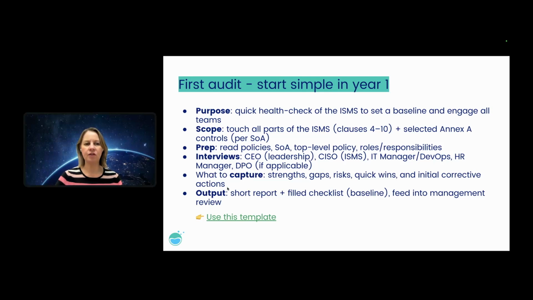And the output of this should be a short report, usually a spreadsheet with the checklist filled out, so our baseline, and then we can put this as an input to the management review. And here we don't go through in the management review the whole report, but we do a little summary, and that would be what we present to the management review. And we have a little template that I can show.